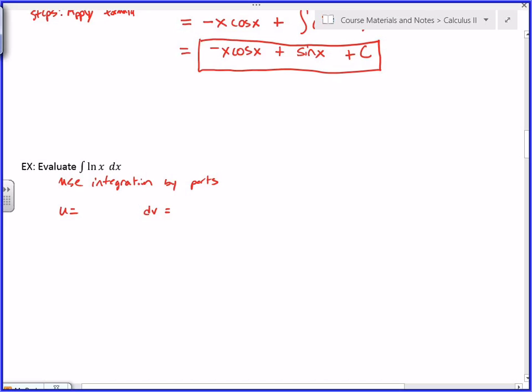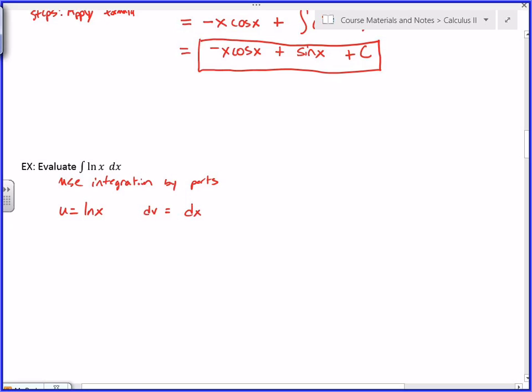If you put it in the dv, you've got to integrate it, right? Which is the problem we're starting with. But if you do it in the u, then you do the du, exactly. We want to take the derivative of it to get rid of it. So let's put it in the u, and then just make dv the dx.